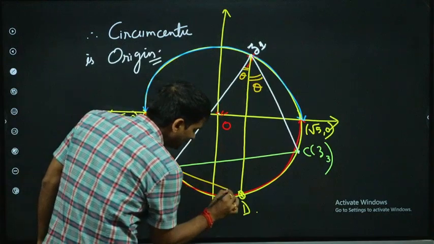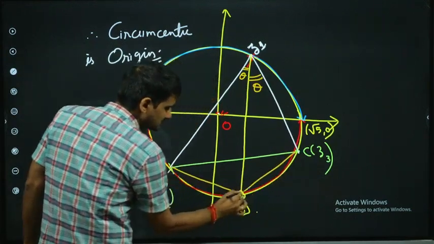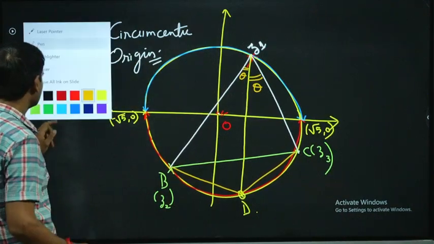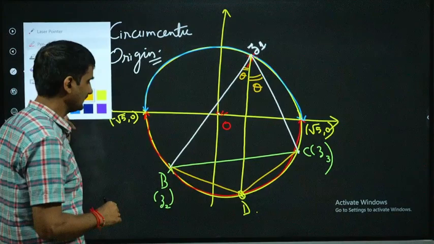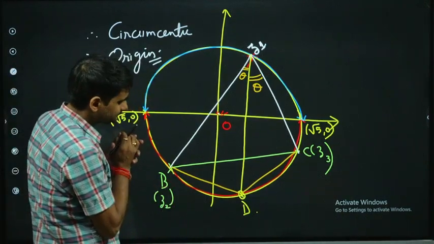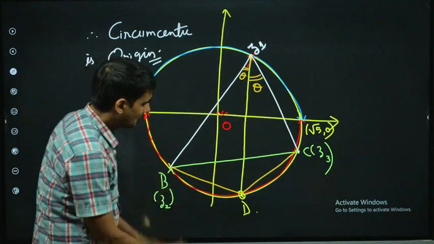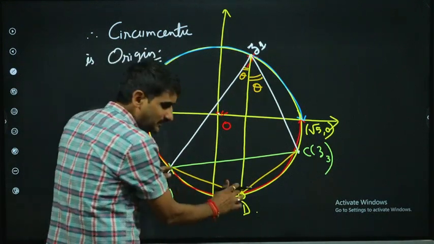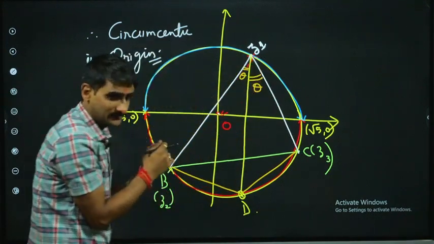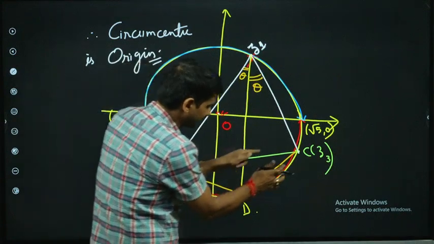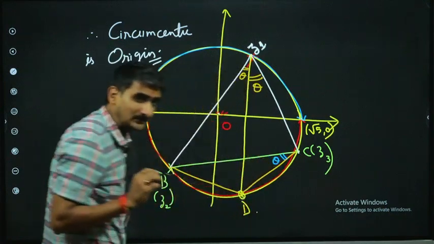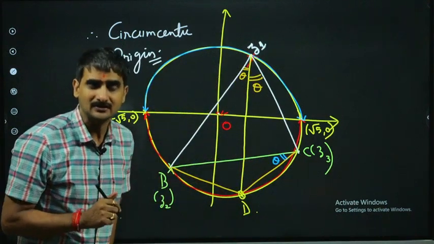If I join BD and CD, using some properties of the circle I can claim that if I consider BD to be the chord, then this chord subtends angle theta at Z1, and the same chord BD subtends an angle at Z3, and we know angles subtended by the chord on the same side of the arc are always equal.